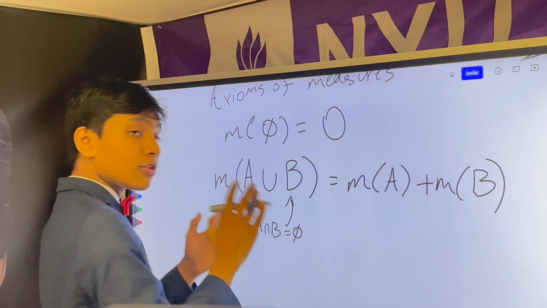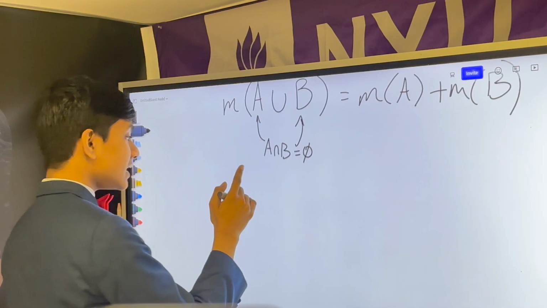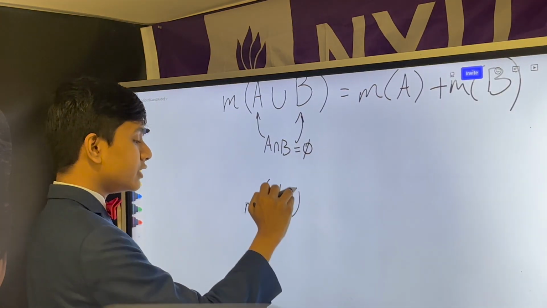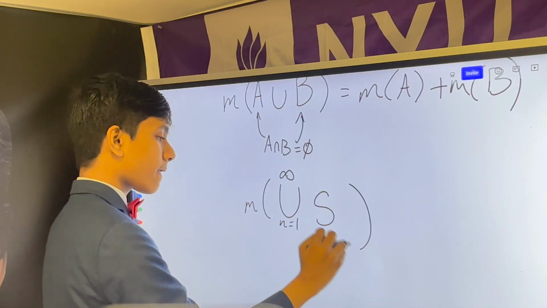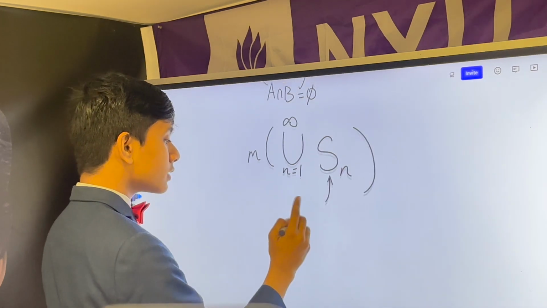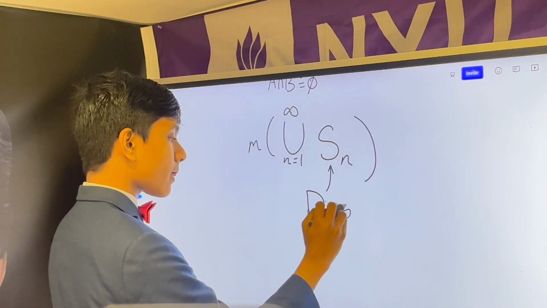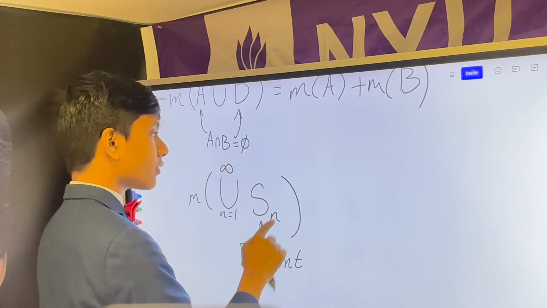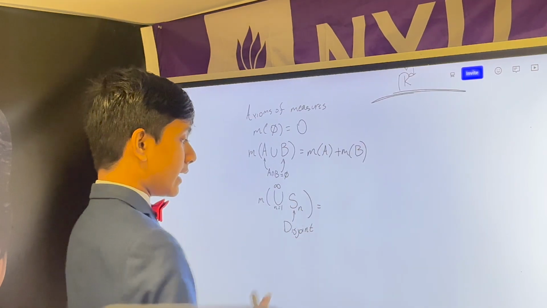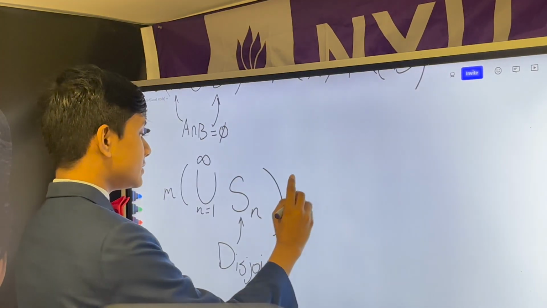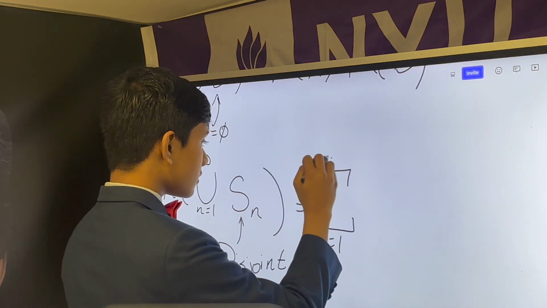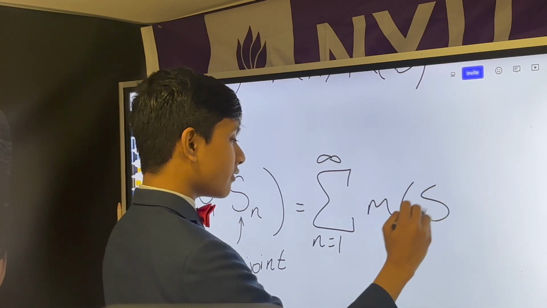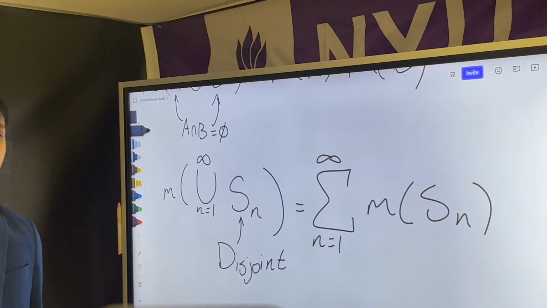And we can actually generalize this property. We can say the measure of the union of infinitely many sets that are all disjoint from each other, and yes, the empty set is disjoint from itself, is equal to the sum of the measures of the individual elements, right?